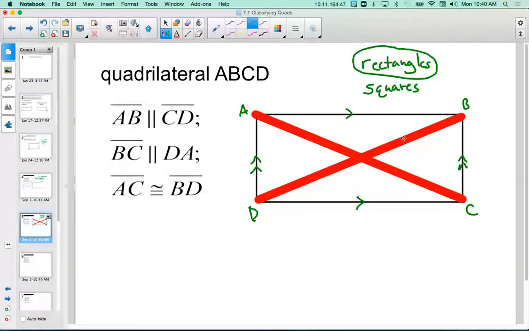If we had congruent diagonals and they're perpendicular, that would make it a square. If we knew that two consecutive sides were congruent, not just opposite, that would be enough to say it's a square. But with the given information, these three facts, the only thing we can guarantee is that it's a rectangle. Okay? So that would be our best name for this one.